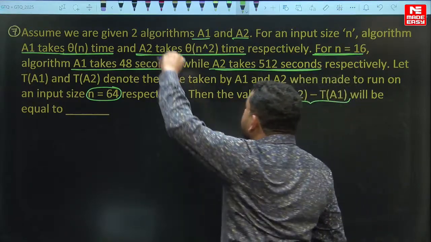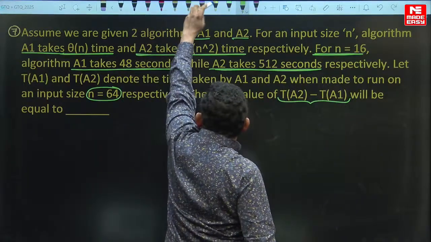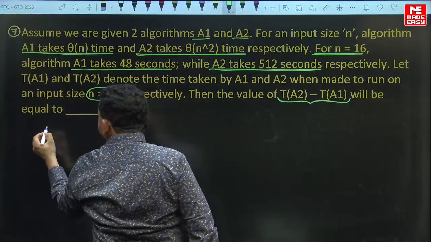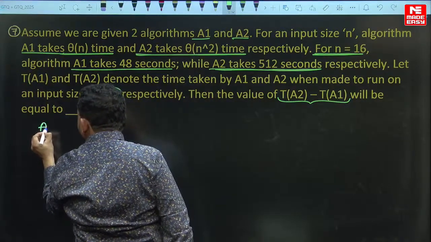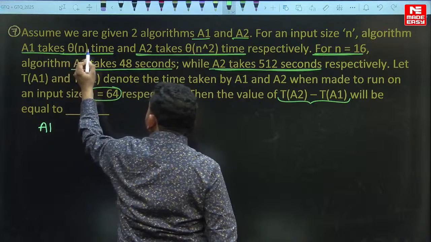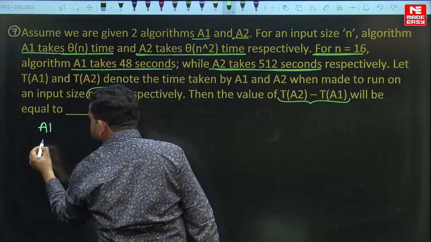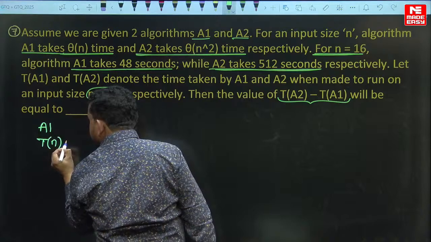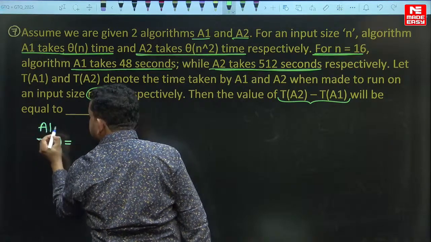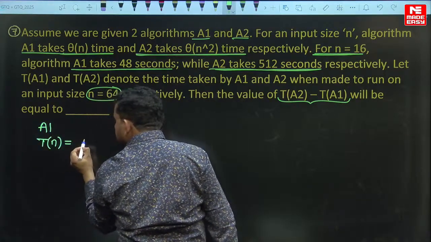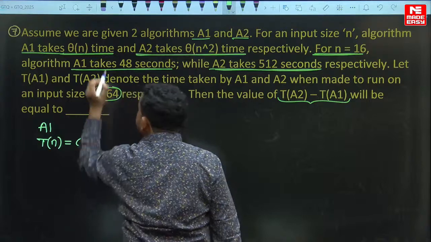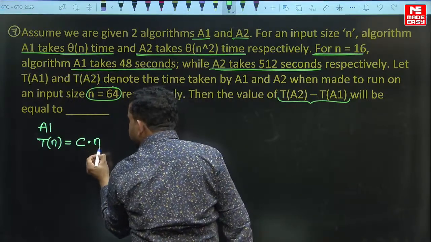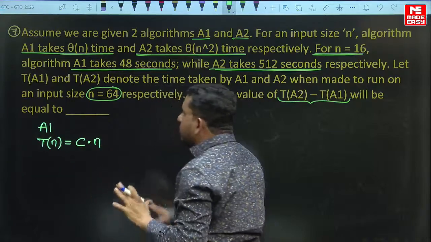Very good. Okay, see this kind of question. The time complexity of A1 is theta of n. So write the time complexity like this: the time complexity of the first algorithm is a constant times n, theta of n is written as constant times n.